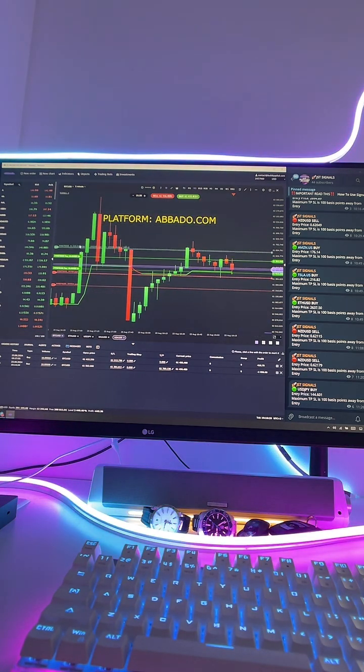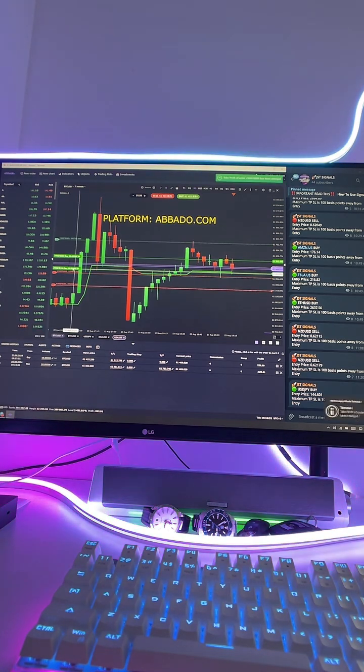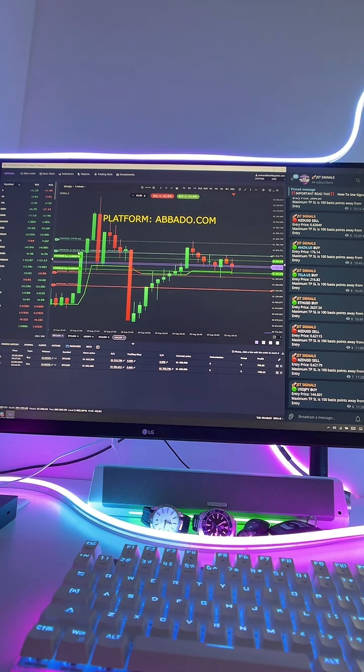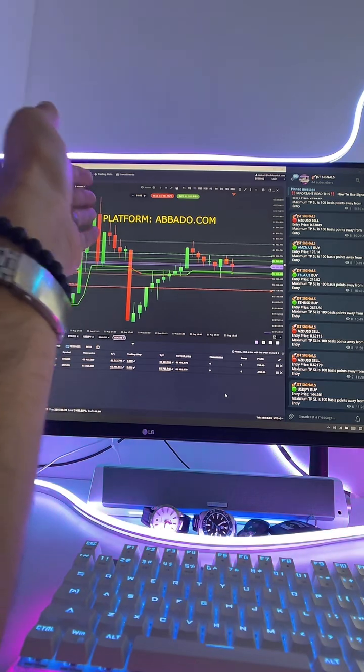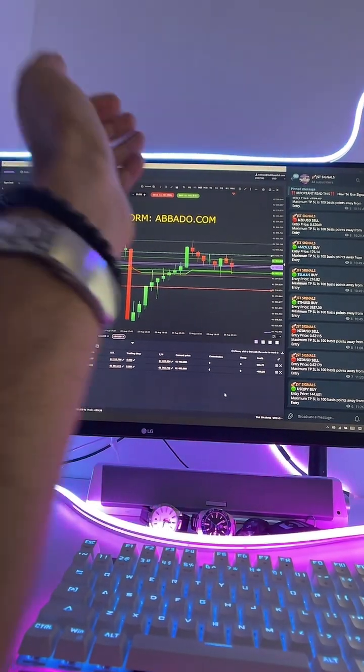All right, so now I've set my stop loss and my take profit on both of these trades. Let's see what happens.